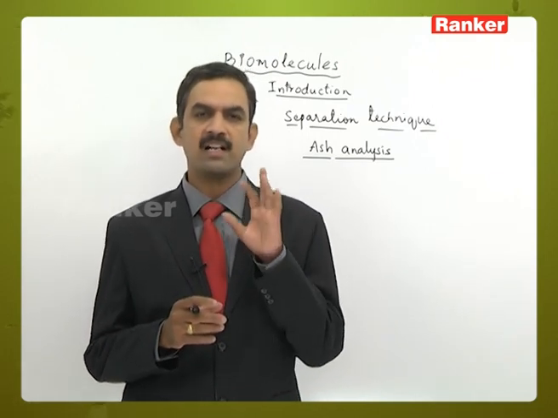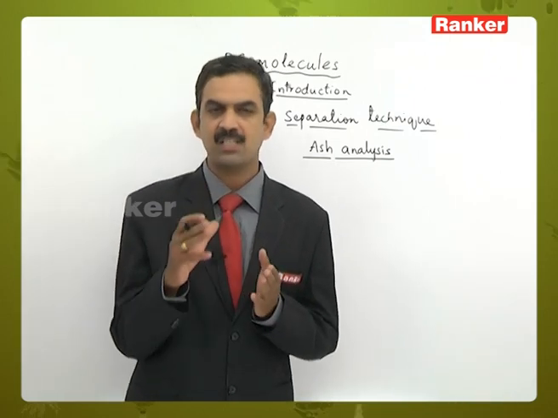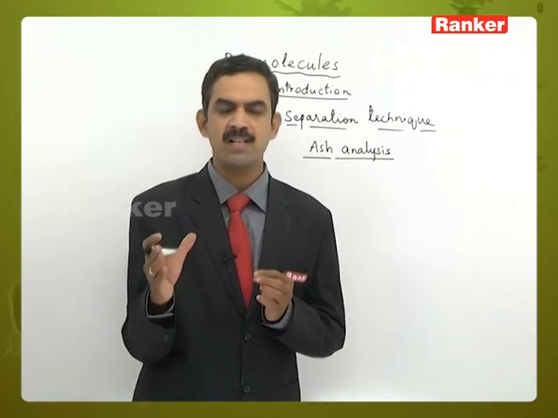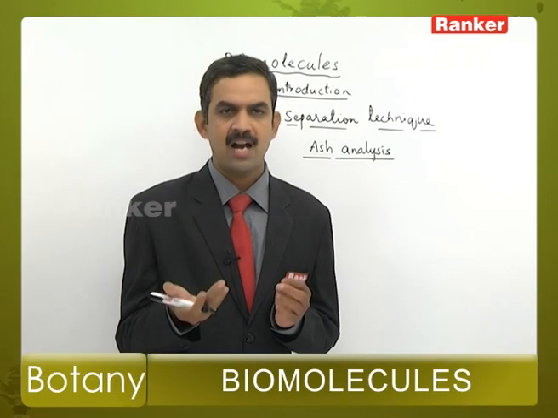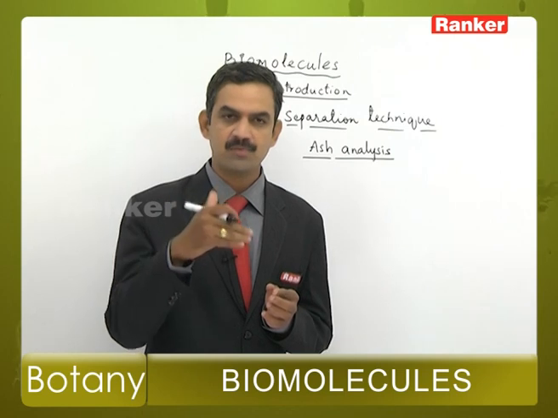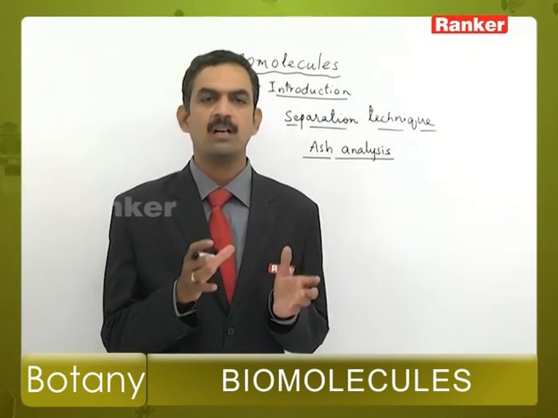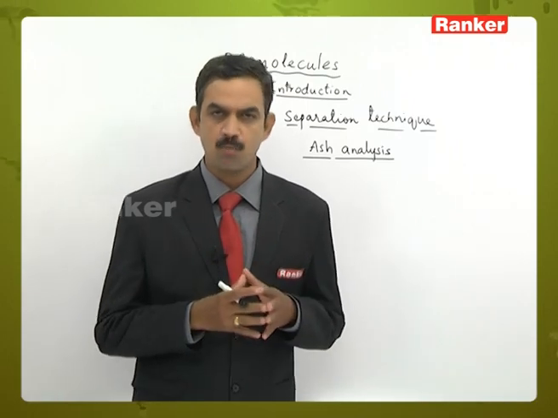Those are considered to be the biomolecules, but it is not compulsory that they always contain only these three elements. Sometimes they may also contain additional elements, sometimes they may not contain some of these elements. It is not a particular type of element that has to be present in a biomolecule.